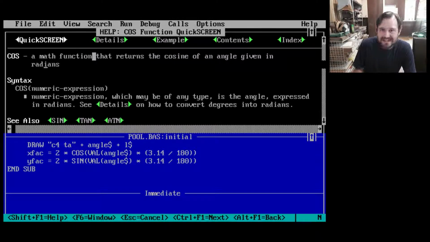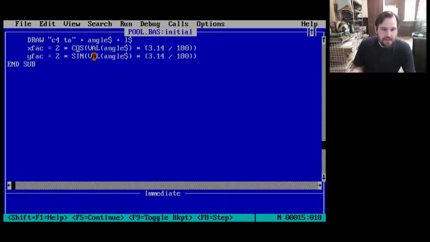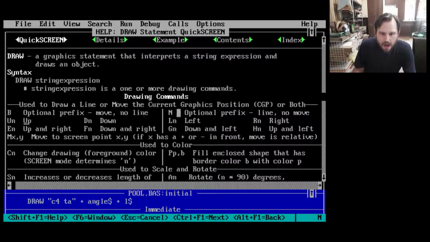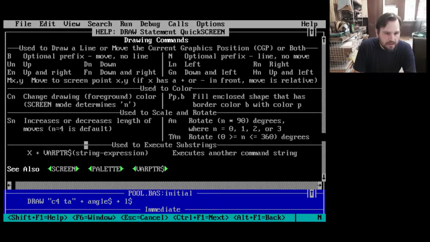And the answer is that none of the things in the draw command, none of the moves, all the values, all the numbers, and you can have a whole bunch of them. We can have a quick look at that. Moving up to the left, filling in closed shapes with colors, changing the color of what you're drawing, increasing the size, rotating.